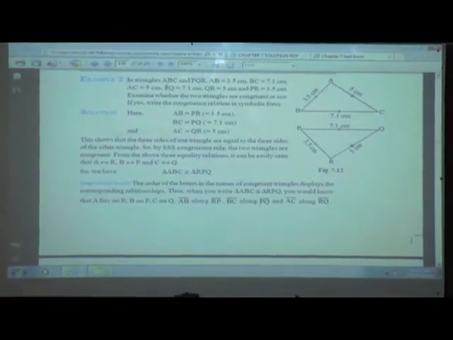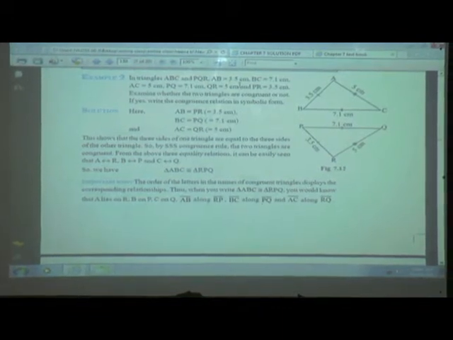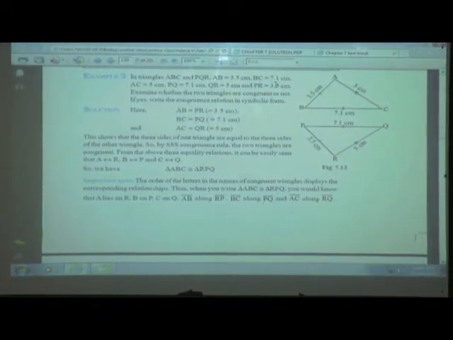Here in triangle ABC and triangle PQR, AB is equal to 3.5 centimeter, BC is equal to 7.1 centimeter, AC is equal to 5 centimeter, PQ is equal to 7.1 centimeter, QR is equal to 5 centimeter, and PR is equal to 3.5 centimeter. You can see two figures are given, as well as the lengths of the sides.